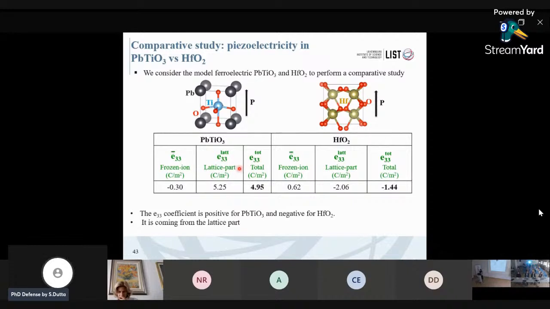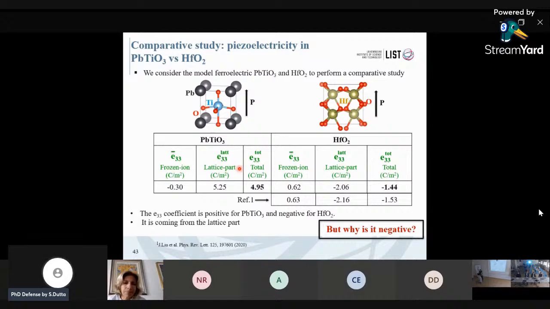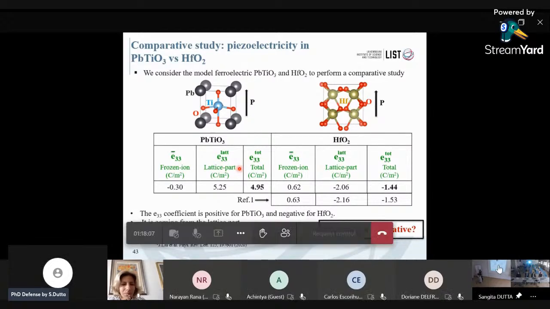While struggling to understand this negative sign, and whether we were computing things correctly or not, we found one article in the literature where they also confirmed that yes, hafnia has a negative e33. But the physical picture was not satisfactory, so we wanted a simple explanation of why it is negative.